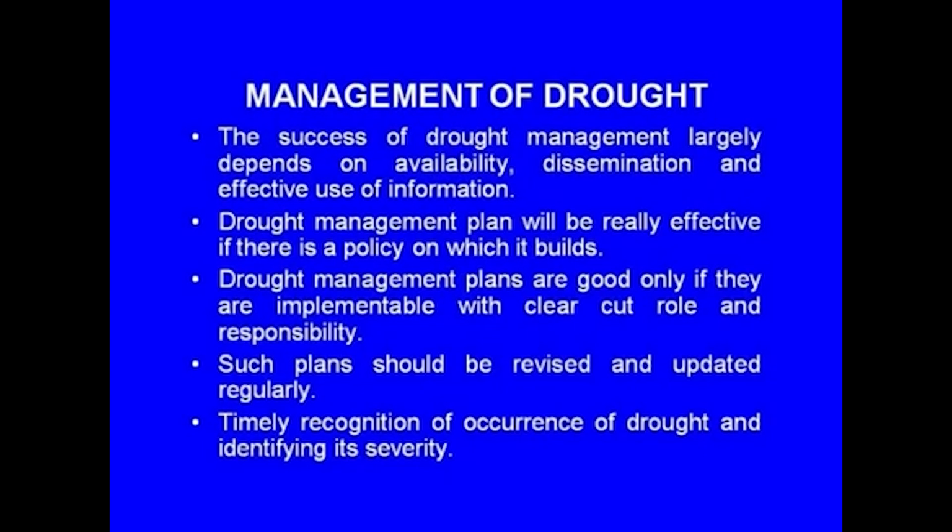Drought management plans are good only if they are implementable with clear cut roles and responsibilities defined. Such plans should be revised and updated regularly. One important aspect is the timely recognition of the recurrence of drought and identifying its severity.